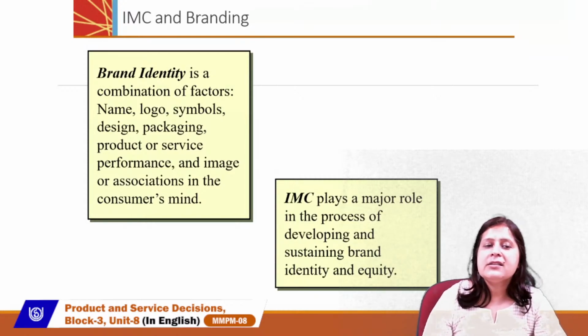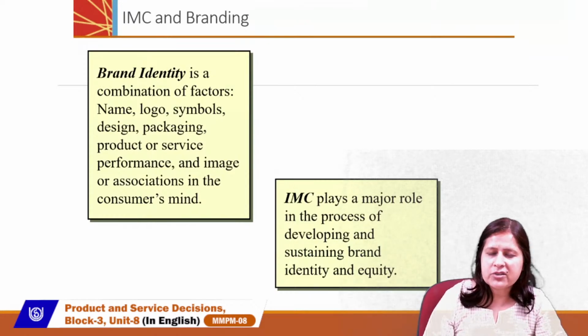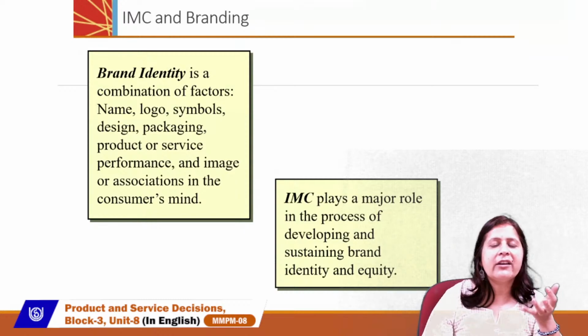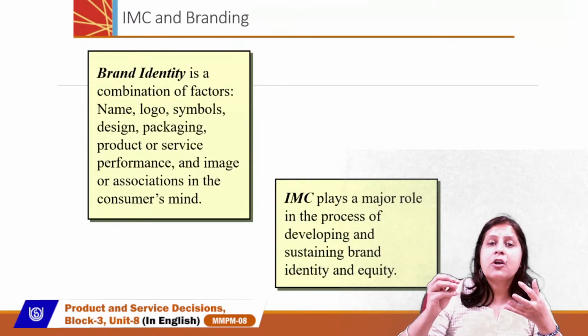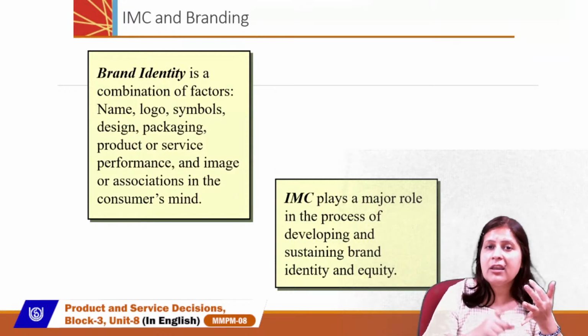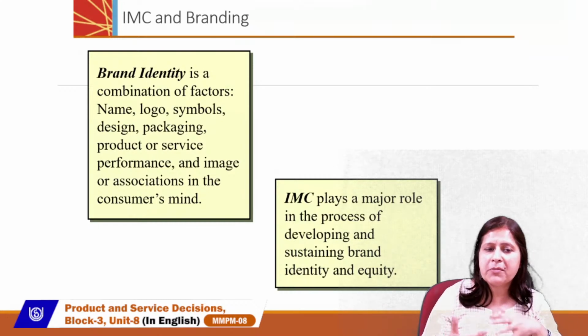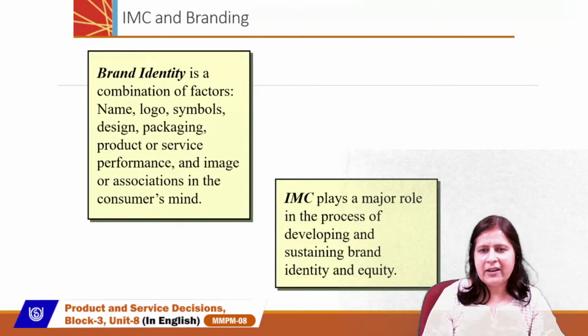Brand identity is a combination of factors, right? As we discussed in the previous lecture, brand identity is a combination of factors like your name, logo, symbol, design, packaging, product, services, performance, and image or association in the consumer's mind. That is branding, right?